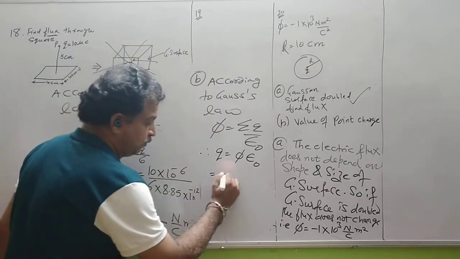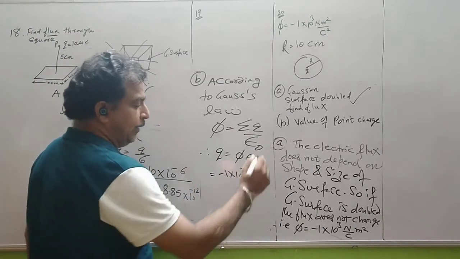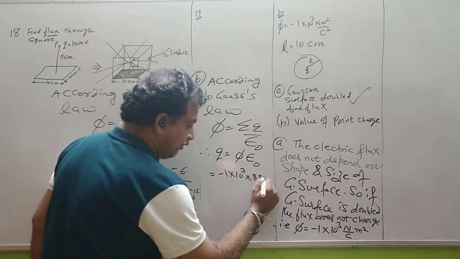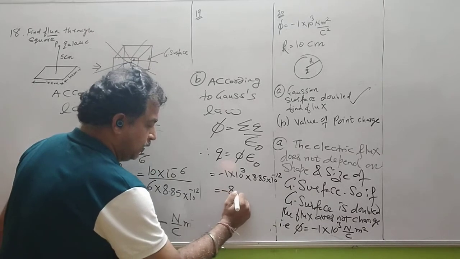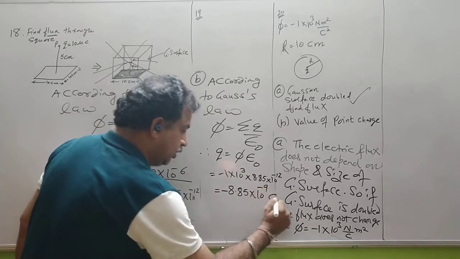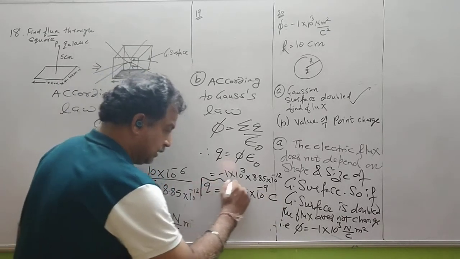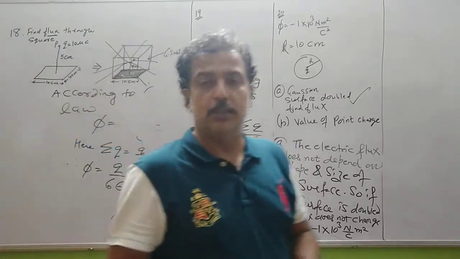Flux is minus 1 into 10 raised to 3 and epsilon naught is 8.85 into 10 raised to minus 12. So this becomes minus 8.85 into 10 raised to minus 9 Coulomb. This is the total charge enclosed by the Gaussian surface.